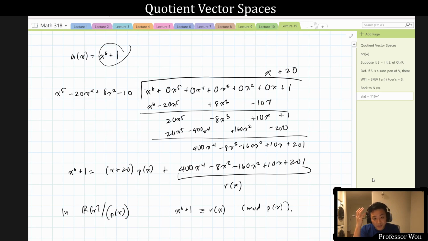Okay, and so just like for integers mod 5, the most natural choices of representatives for each equivalence class were the remainders when you divide by 5 as much as possible, right? We'll do the same thing in this quotient space.